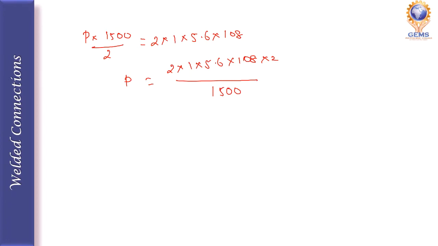If you do the calculation, the P value comes to 1.61 Newton per mm square. So the safe internal pressure of the penstock is 1.61 Newton per mm square. This is the solution for the problem.